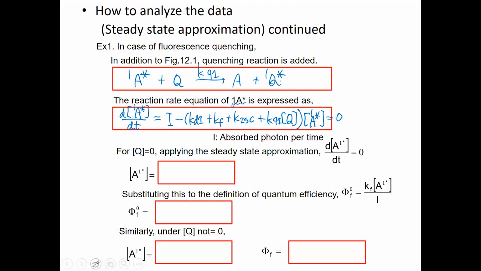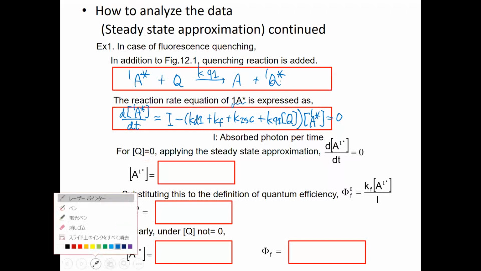And applying the steady state approximation, as I mentioned here, it can be zero. And also at first, let's think about when no quencher was added. I will tell you the reason soon.